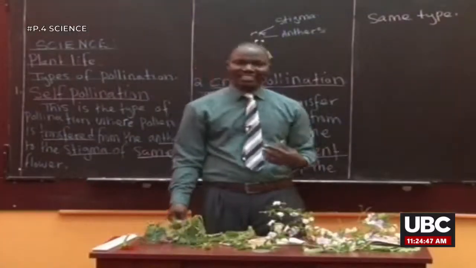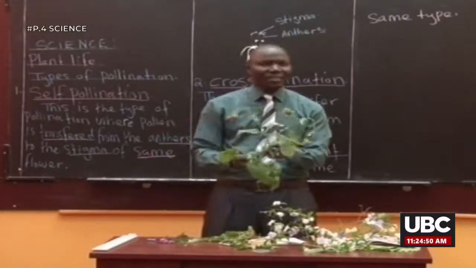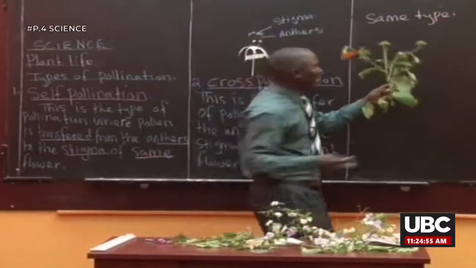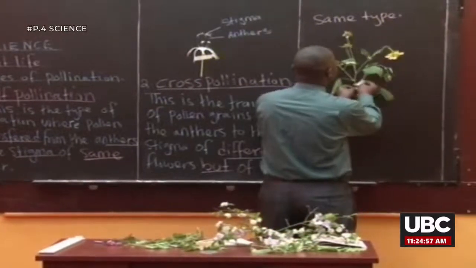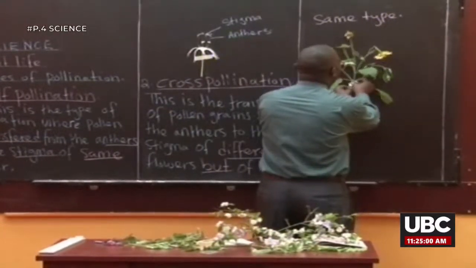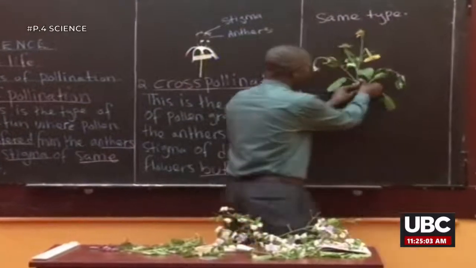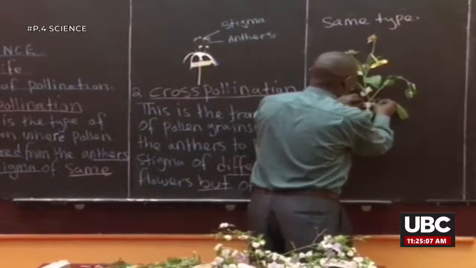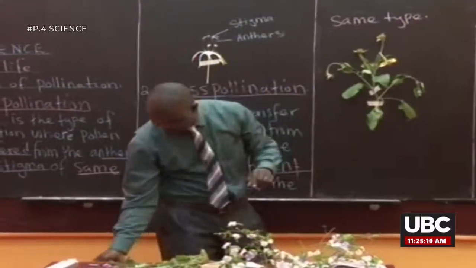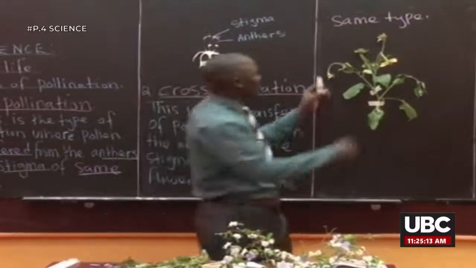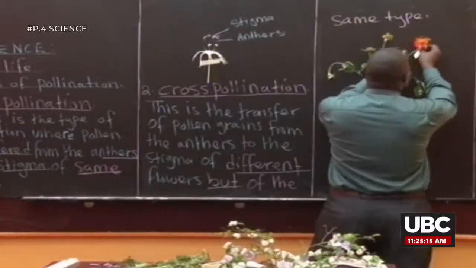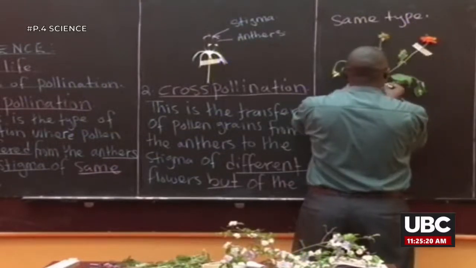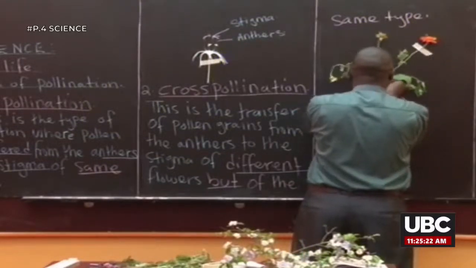We have a plant with flowers that is going to help us get what cross-pollination is. We shall have here our plant, and the flowers are there. Let me attach it here with our very beautiful flowers. We have the flower, very beautiful flower indeed. And then we have our plant there.